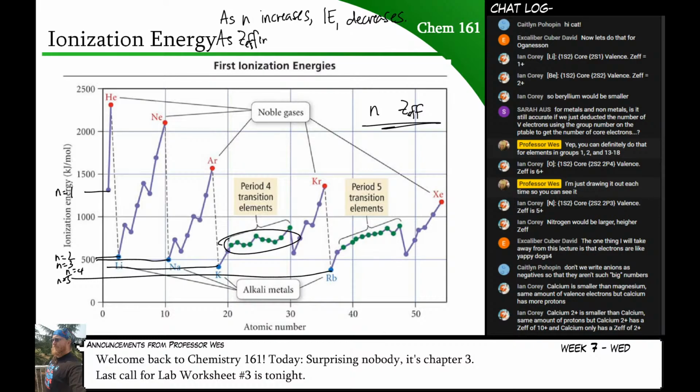What about Z effective? As Z effective increases, the ionization energy of the atom you're looking at increases. And you can see that right here. So lithium has a Z effective of 1.